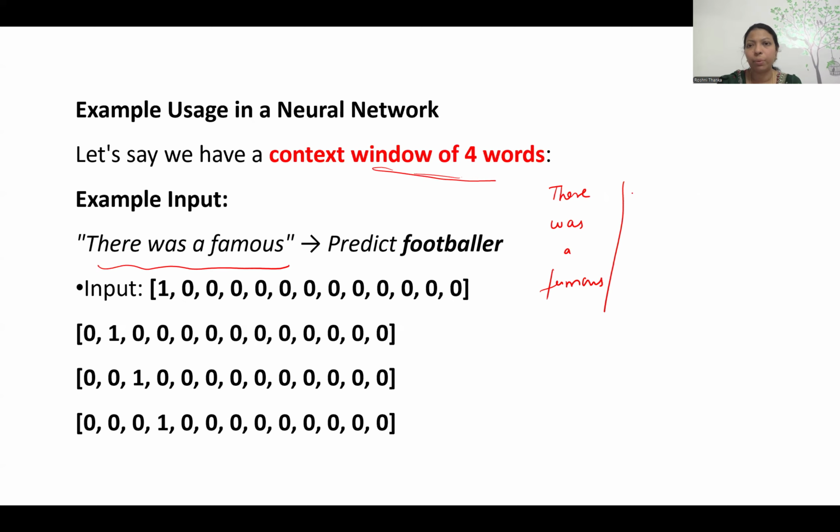So we have an input vector for it. Let's take two windows. If 2 is the window size, then for the word "there", here we have 1, and the rest are all 0. And then for "was", how will the input be? 0, 1, and the rest are all 0.